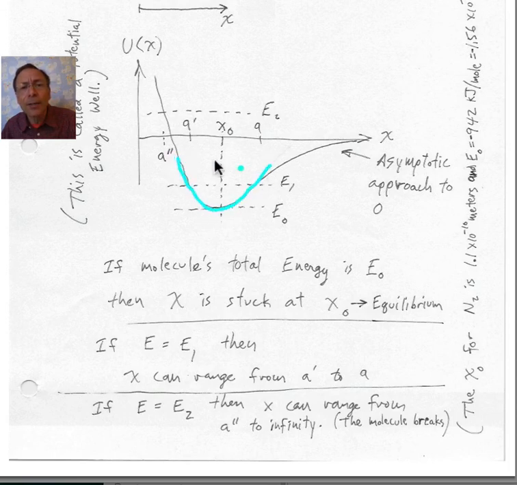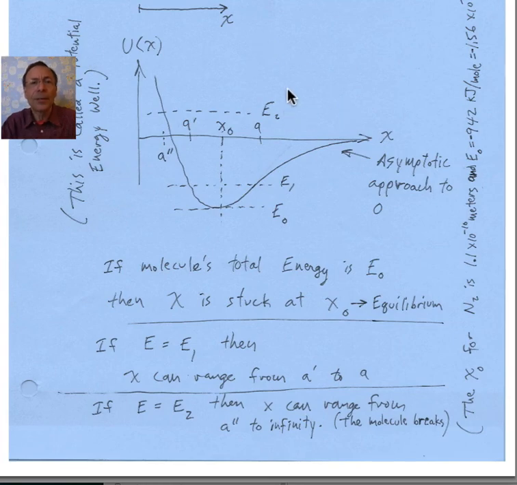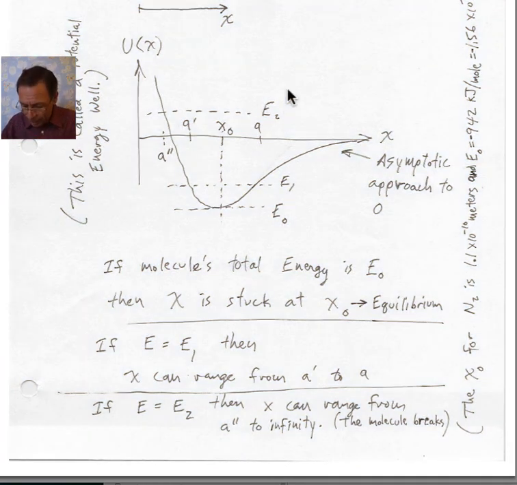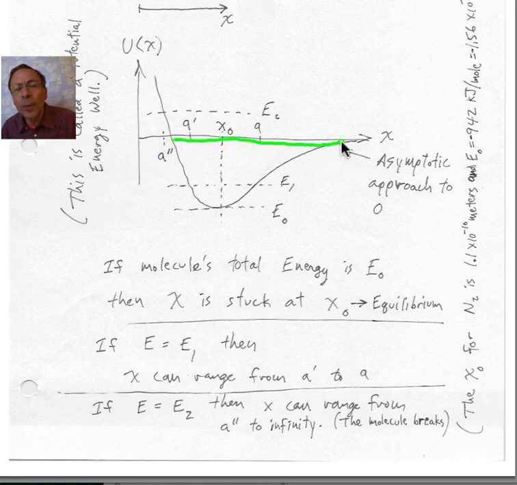Now, if you keep heating up the molecule, you add more energy. Let's say it has this much energy, it's going to be doing this and this. Then you give it even more, and oh my God, it's almost breaking apart here.